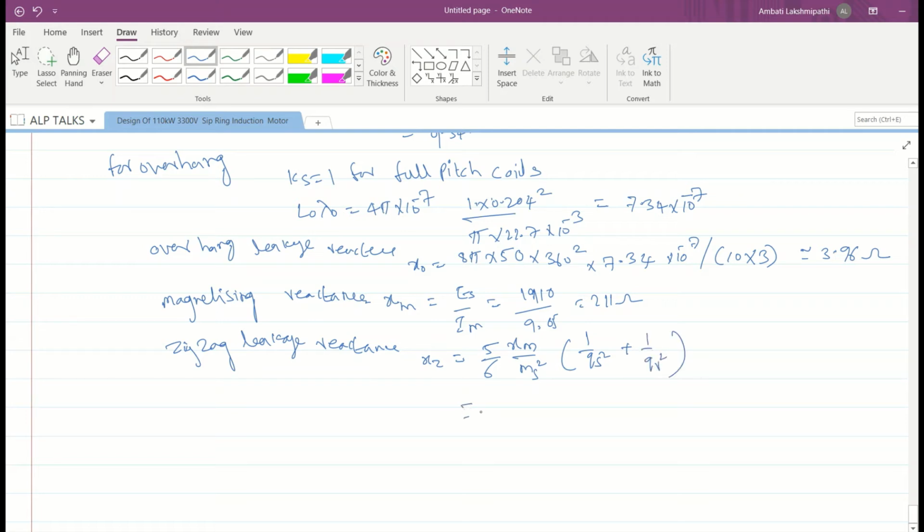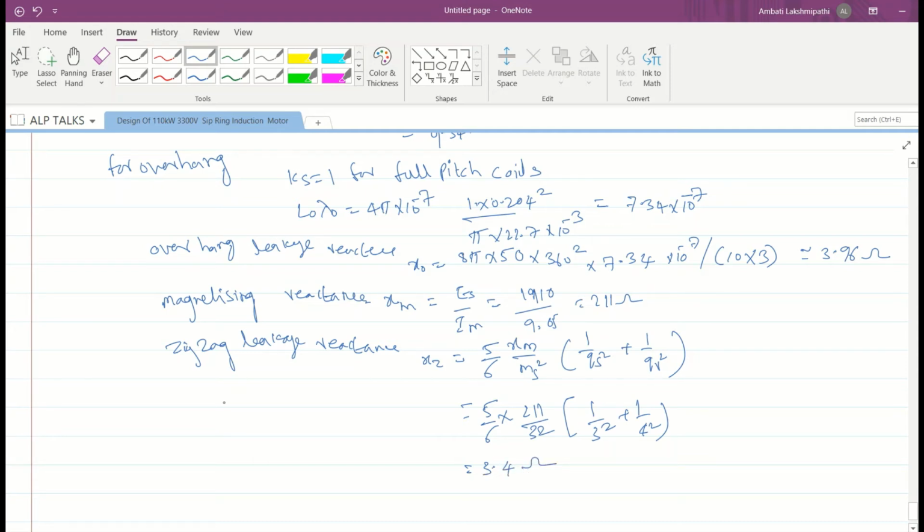So 5 by 6 into Xm, which we calculated as 211, and ms, the number of phases, 3 square, and 1 by 3 square plus 1 by 4 square, that is the number of slots per pole per phase. So this value comes to be 3.4 ohms.